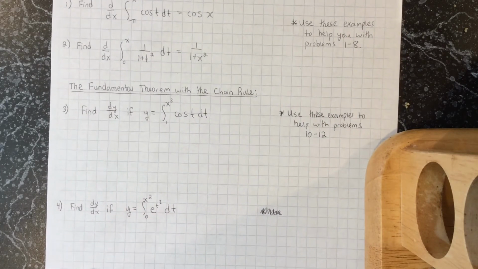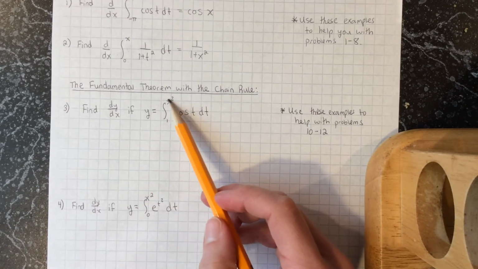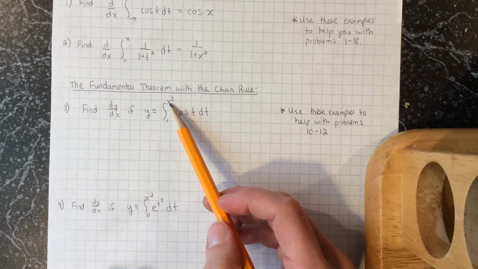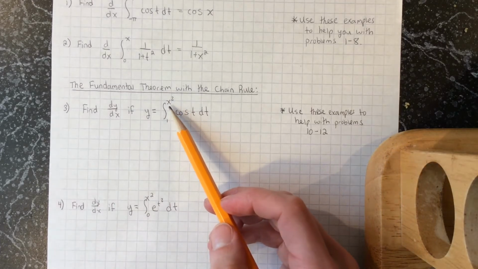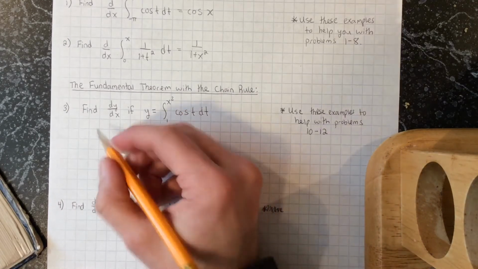Sometimes we'll need to apply the chain rule within the fundamental theorem of calculus. So in this example, our upper bound is x squared, not x. So we are going to change the upper bound to be u. So we're going to substitute u in for x squared.